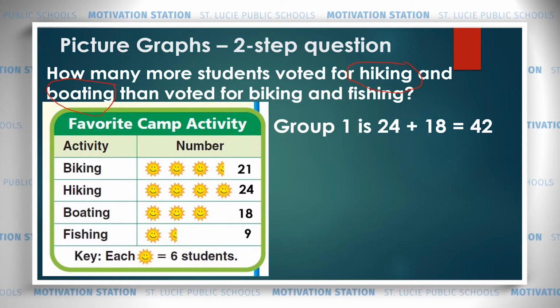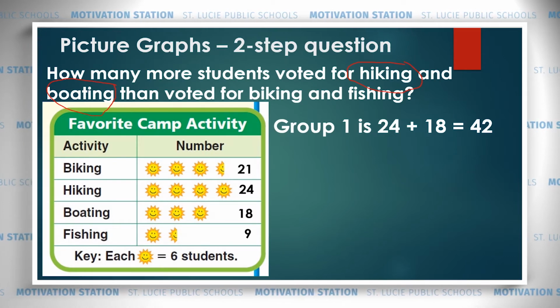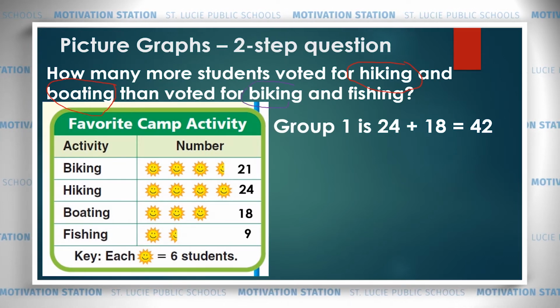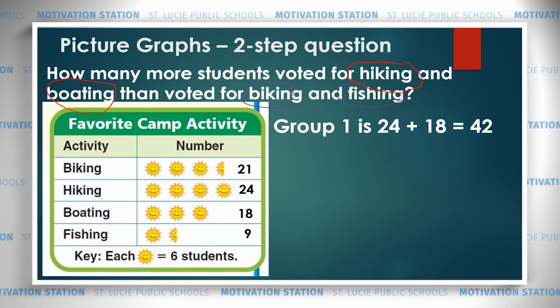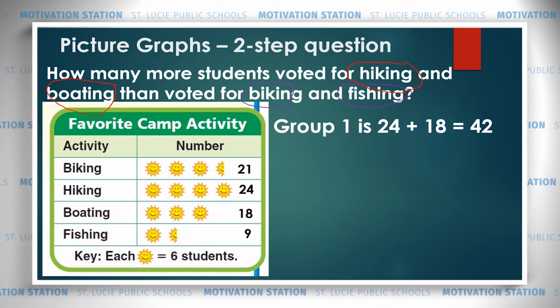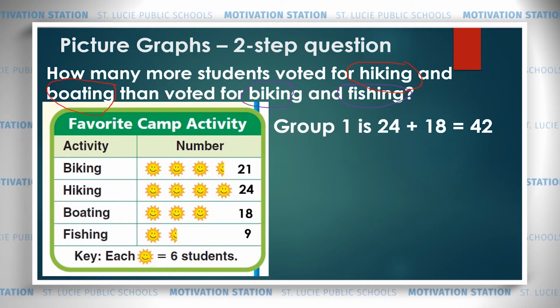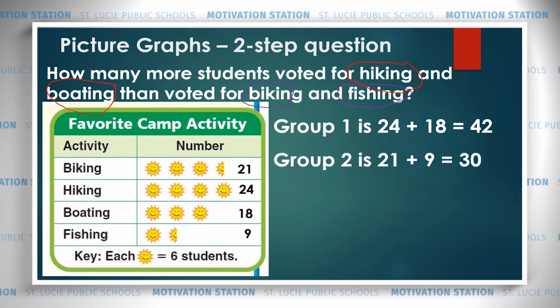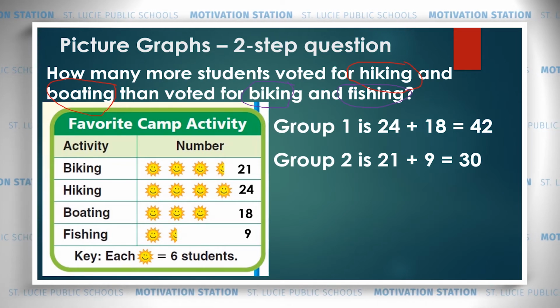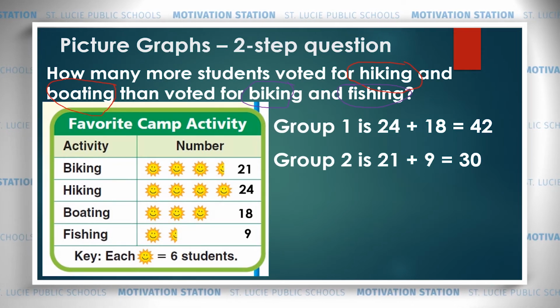The next group that I see is biking and fishing. Biking has 21 and fishing has 9. So group 2 is 21 plus 9 equals 30.